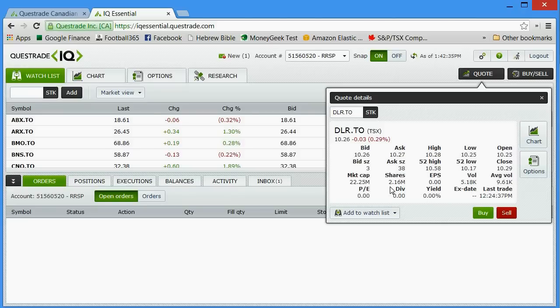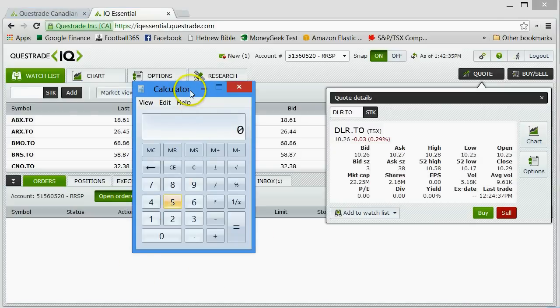And if you want to be more precise about it, you just bring up a calculator, like so, and divide the amount that you want to convert by the market price of DLR.TO. So in this case, you need to buy 975 shares of DLR.TO to convert $10,000.